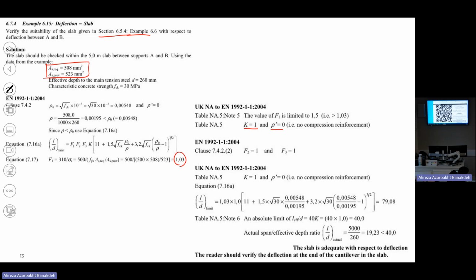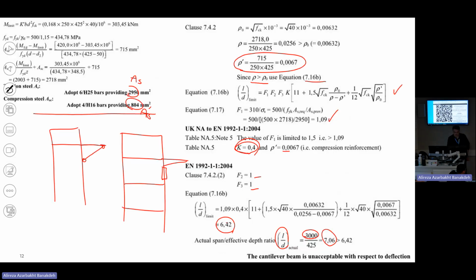Let me just see. There is another point. When this formula gives you something like this, 79, there is a condition that it should be less than 40K as well. Here in this example, 40K governs.